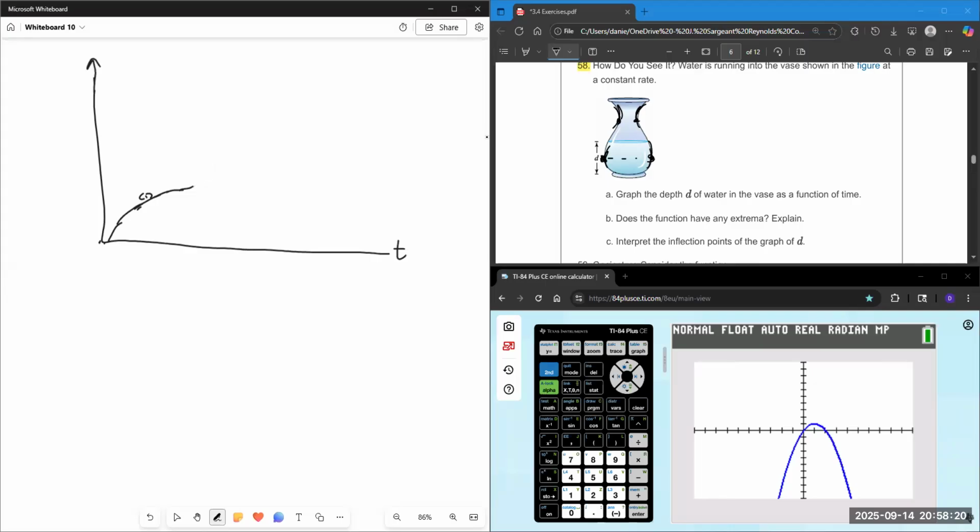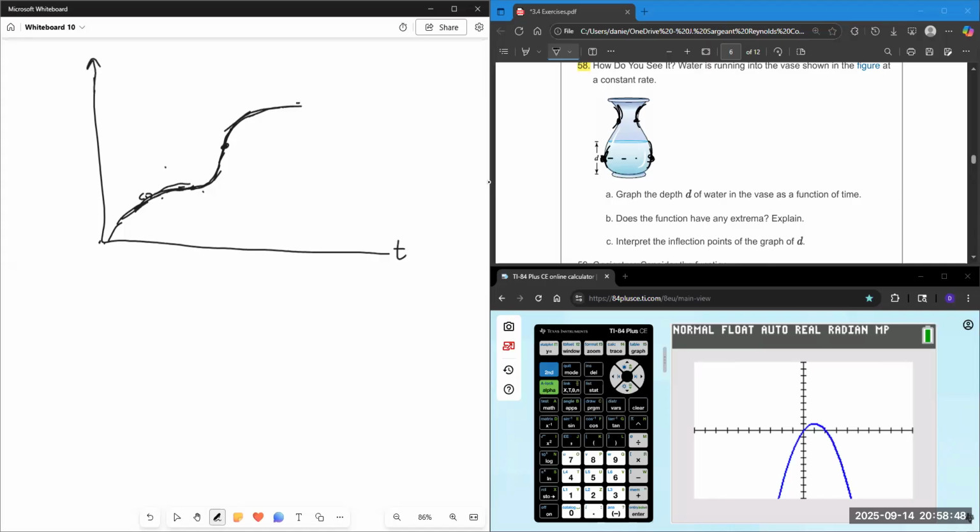I'm not drawing this very well, but kind of like that, that there's a point of inflection here where it changes from concave up to concave down, but it's still at an increasing rate. It's always increasing. It's just that it kind of changes here how quickly it's filling.